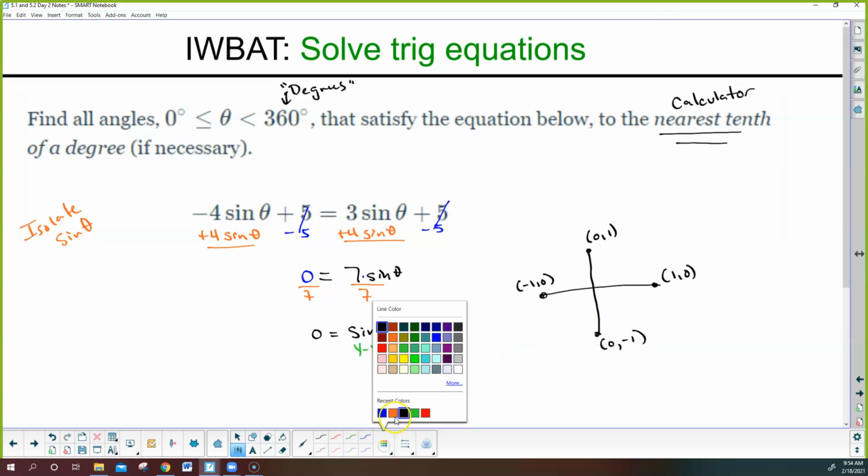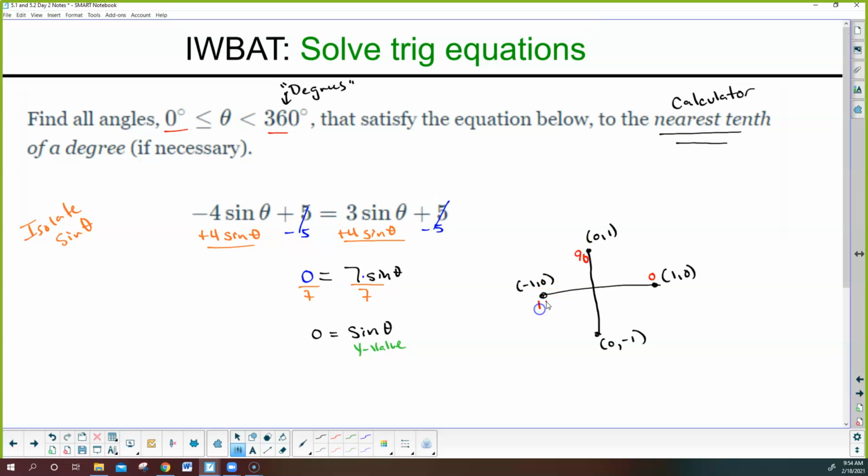And since our answers are expected to be in degrees, we kind of want to just think of, okay, well, what do we have? We've got 0, 90, 180, 270.